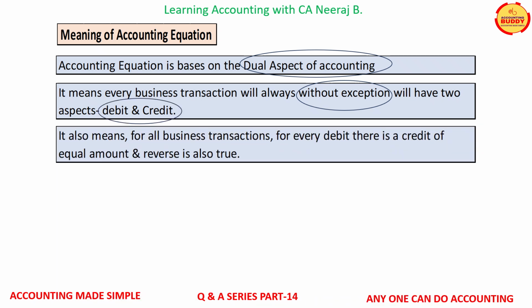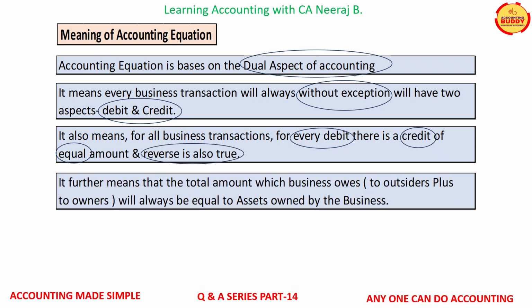It also means that for all business transactions, for every debit there is a credit of equal amount, and for every credit there is a debit of equal amount. It also means that the total amount which business owes to the outsiders plus the owners will always be equal to the assets owned by the business.